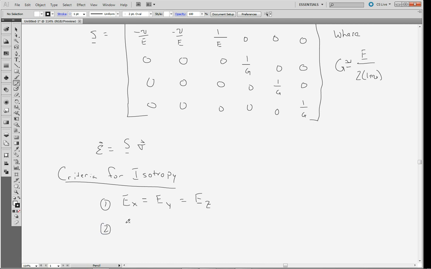Number 2. The Poisson's ratio is the same in all directions. Okay. Again, the Poisson's ratio is independent of direction. That's what both of these are saying. Elastic modulus and Poisson's ratio are independent of direction.